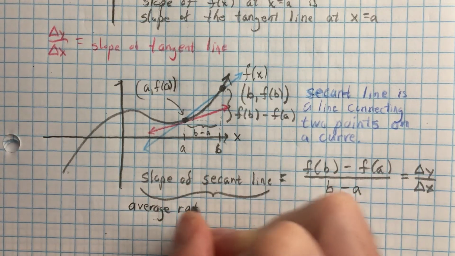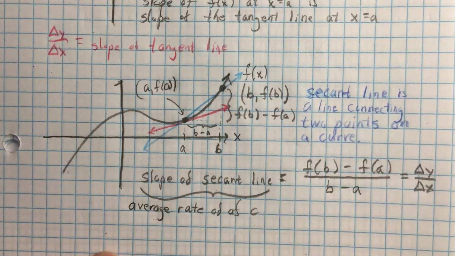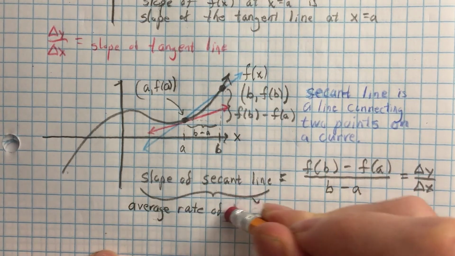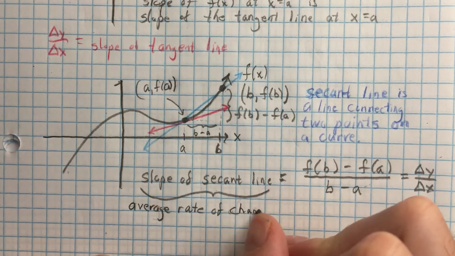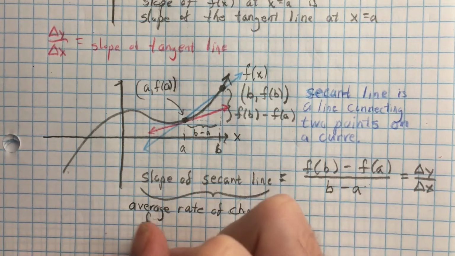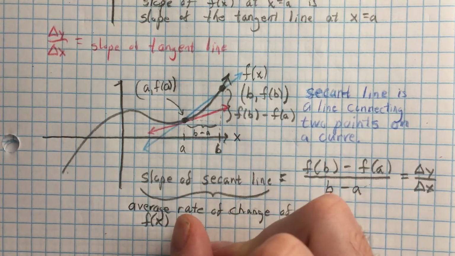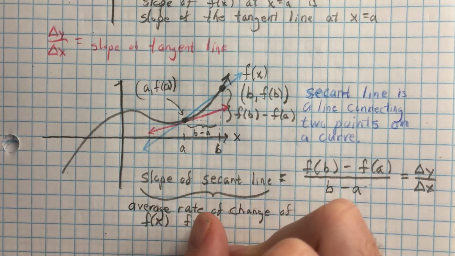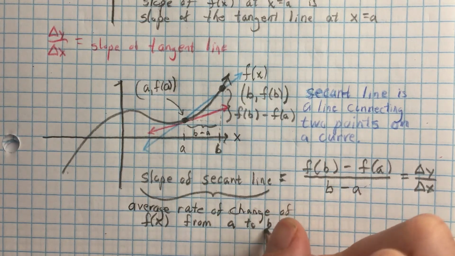The average rate of change of some function f of x, as we have in the picture here, but specifically from a to b.